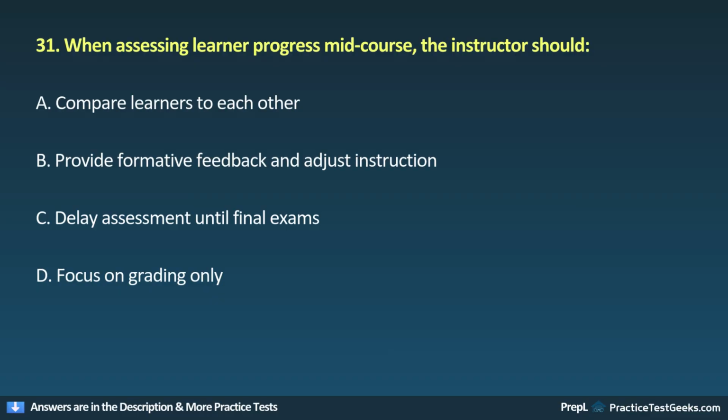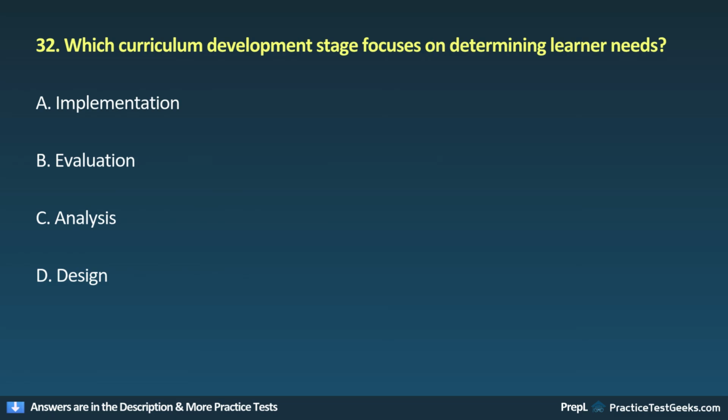31. When assessing learner progress mid-course, the instructor should A. Compare learners to each other. B. Provide formative feedback and adjust instruction. C. Delay assessment until final exams. D. Focus on grading only. 32. Which curriculum development stage focuses on determining learner needs? A. Implementation.